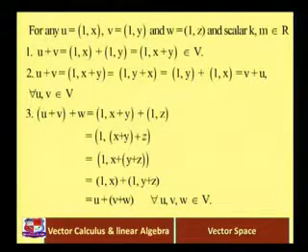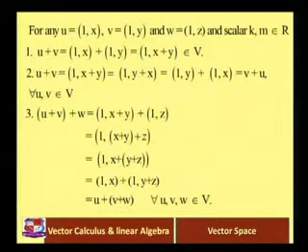So (1, x + y) is equal to (1, y + x), that is equal to (1, y) + (1, x). We can write that using the definition of addition in the statement, that is equal to v + u. So you can see that we proved that u + v is equal to v + u, and that is also true for all u, v belonging to set V. The second condition is also satisfied.